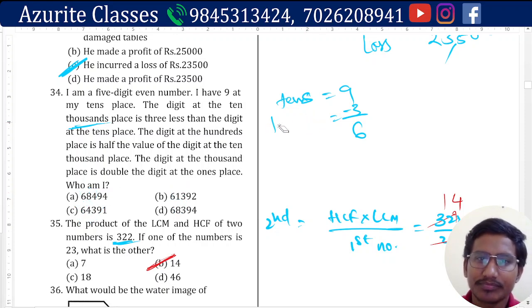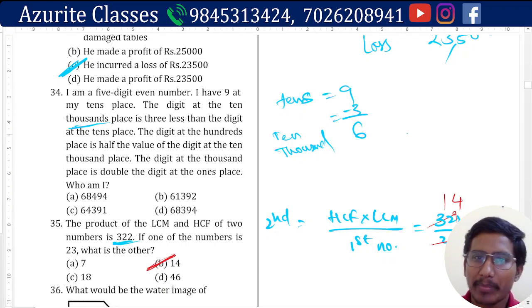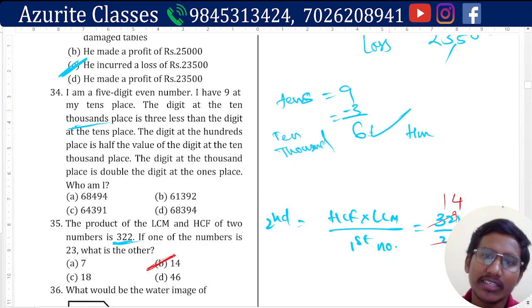Then again they are saying the digit at the hundreds place is half the value of the digit at the 10,000 place. So the hundreds place will be half of this 6. 6 half means that is 3.